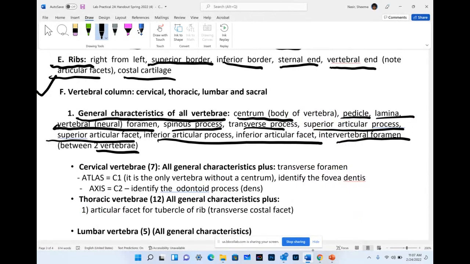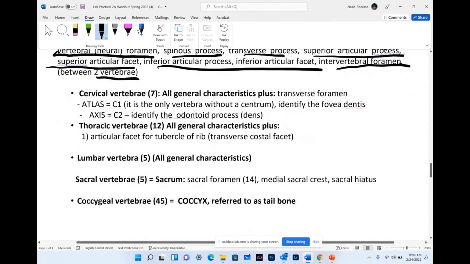We did spinous process, transverse process, superior articular process, superior articular facet, inferior articular process, inferior articular facet, intervertebral foramen that is made by two vertebrae. So we are done with the general characteristics. Now we are going to look at the special characteristics which are special to only certain vertebrae.